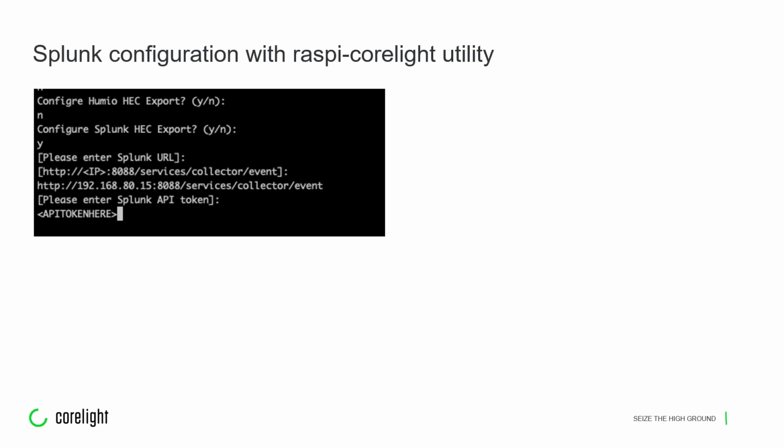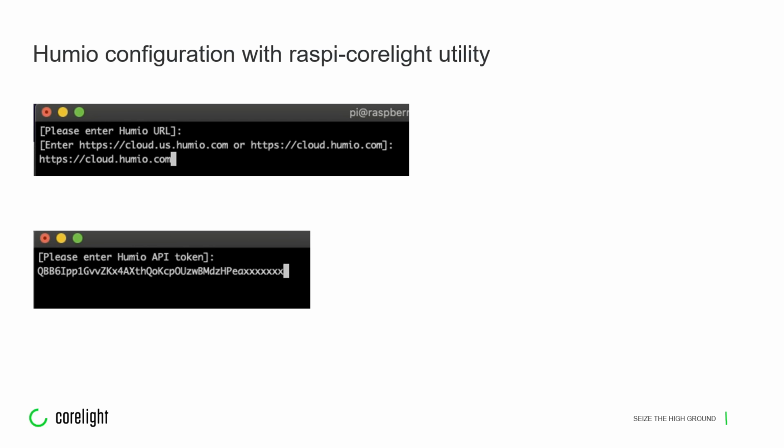For Splunk, you indicate a URL, so you can either have this be a local Splunk instance or Splunk Cloud. We use HEC, or the HTTP event collector, for both Splunk and Humio, which is configured thusly. As one of our presenters mentioned, I forget who, Humio was recently acquired by CrowdStrike, which raised them in visibility a bit.